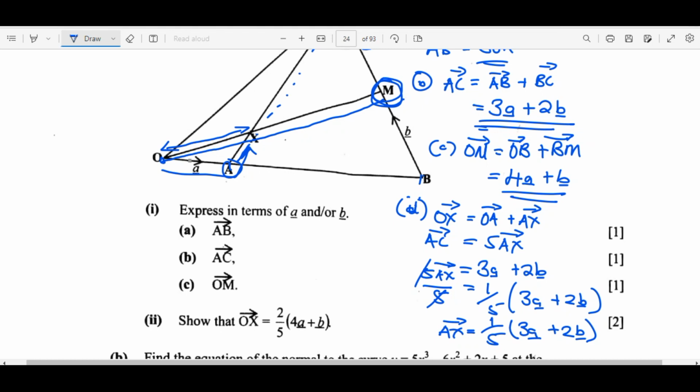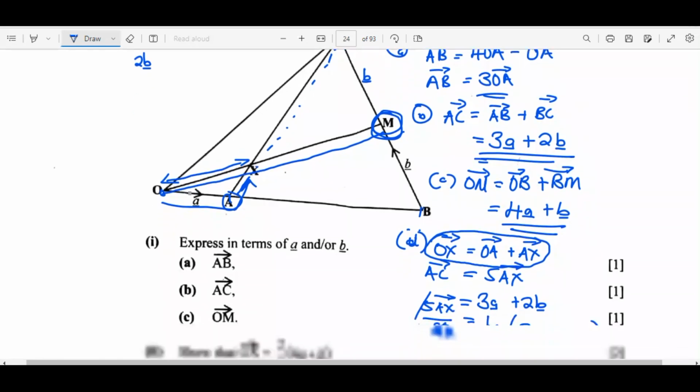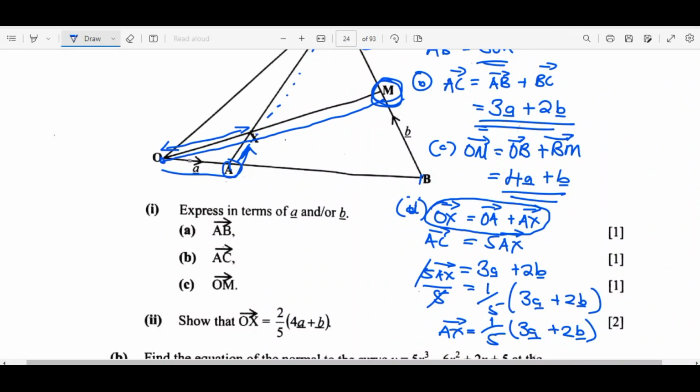Now let us go back to this formula that we wanted to use, this one, because we never used it. So we would say OX is equal to OA plus AX. So we shouldn't be forgetting vectors.